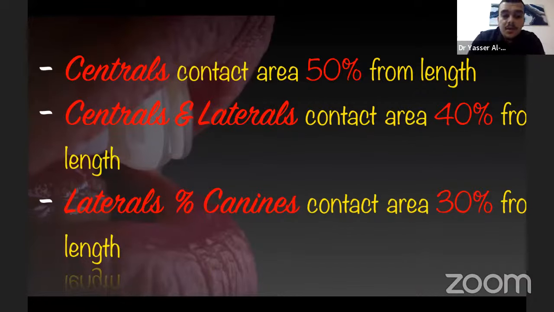But the lateral distally and the canine mesially, the contact area between them forms 30% of the length of the canine and lateral. And when we go more posterior to the premolars and molars area, the area converts to a point, which means the contact area converts to a contact point, a small point of contact.